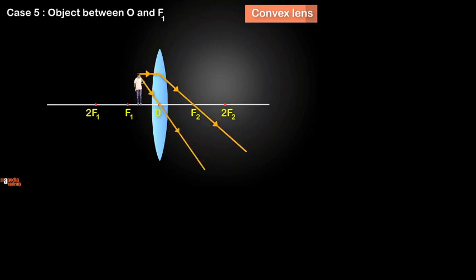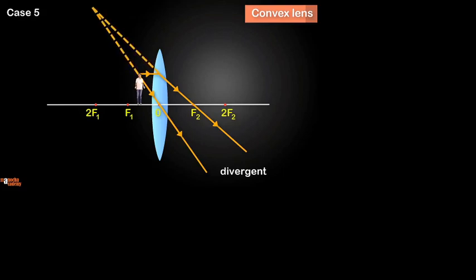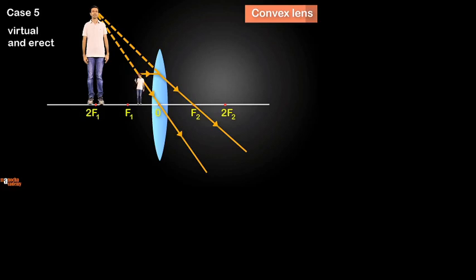As you can see, the refracted rays here are divergent. So we need to produce them backwards to obtain our image, the virtual image. Can you see? The image is magnified here. So what are the properties of the image? The image is virtual and erect, it's magnified, and it's formed behind the object.